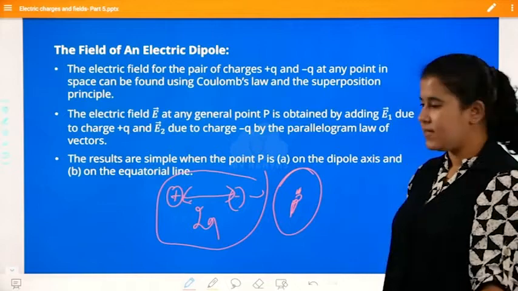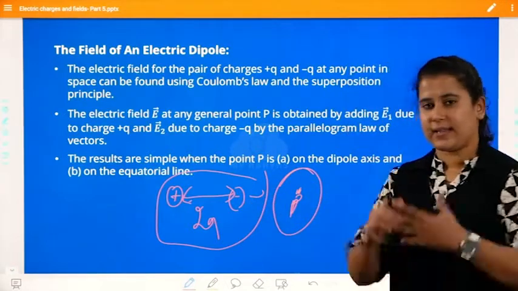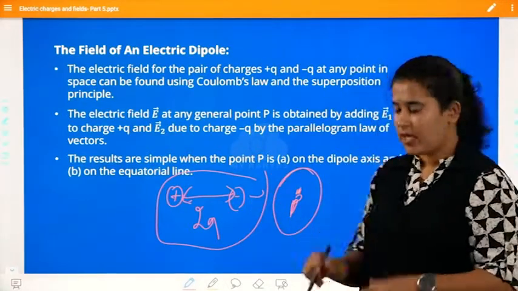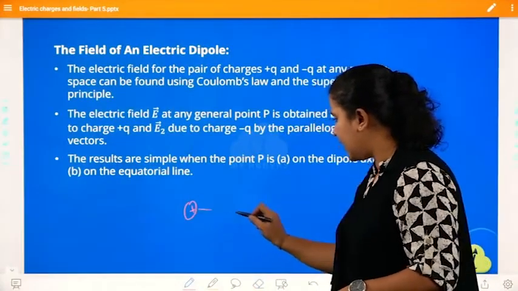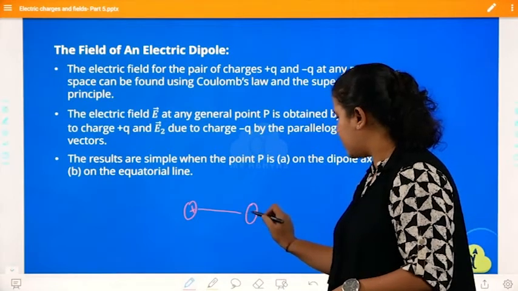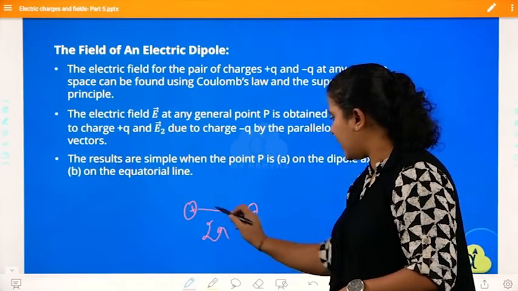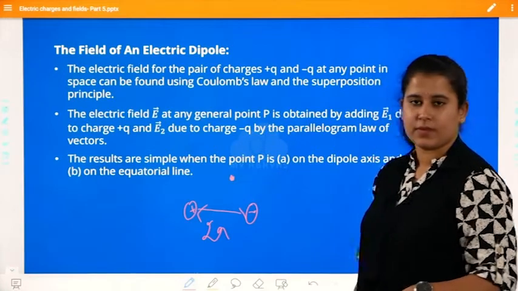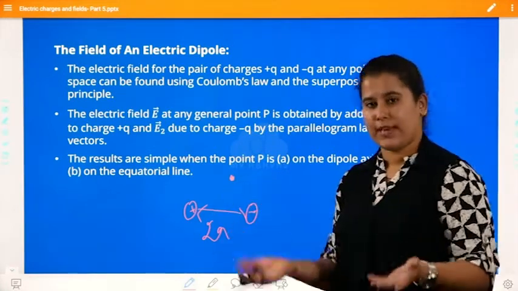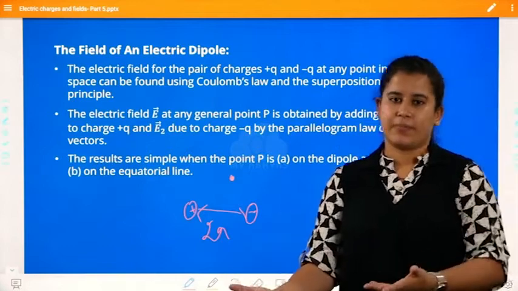And the second goal is, now, as with the axial line, I again take an electric dipole, and the distance is 2a again. Now I'll take another point here, which is perpendicular to the dipole, either parallel or perpendicular.